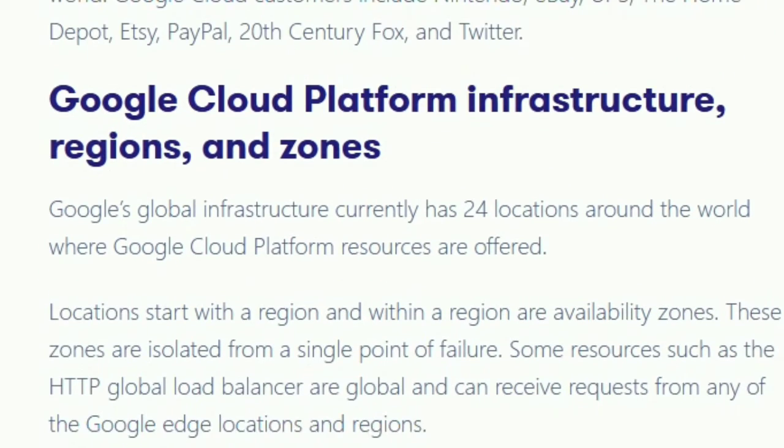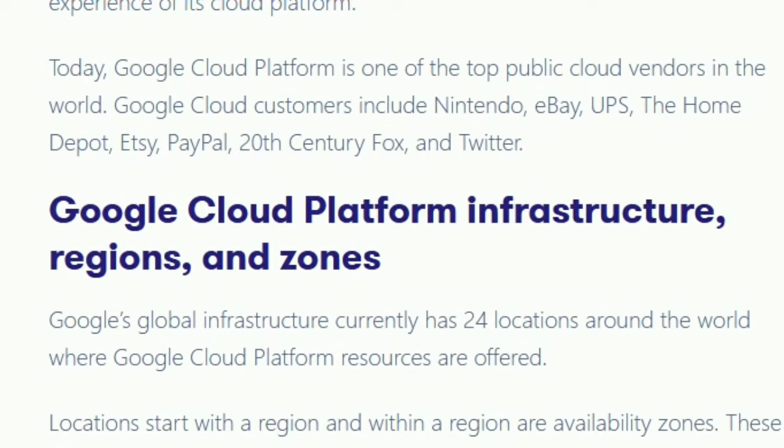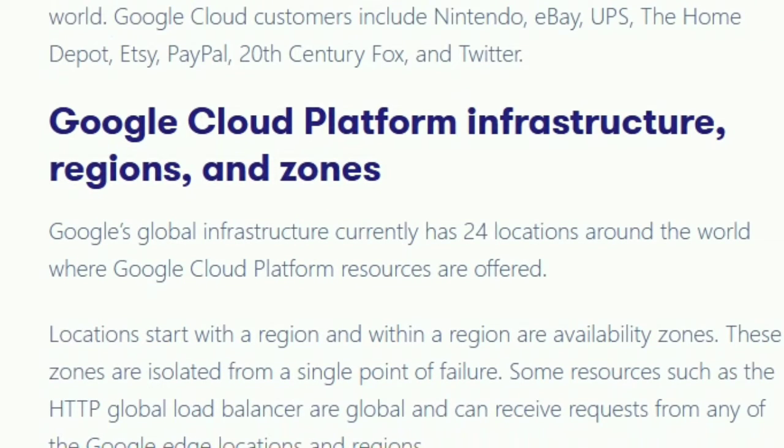Google Cloud Platform infrastructure, regions, and zones. Google's global infrastructure currently has 24 locations around the world where Google Cloud Platform resources are offered. Locations start within a region, and within a region are available zones.